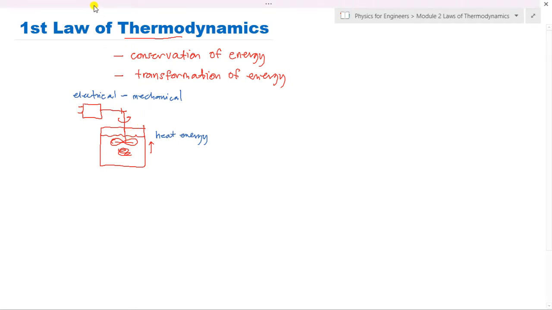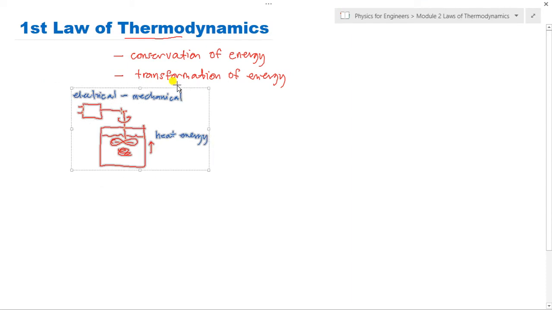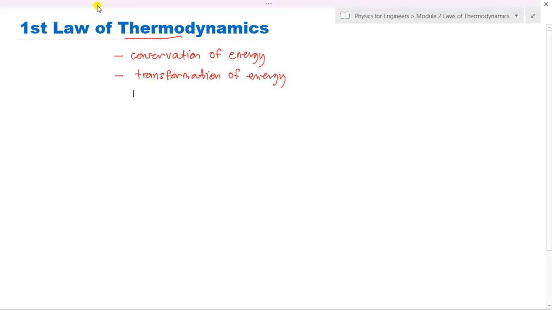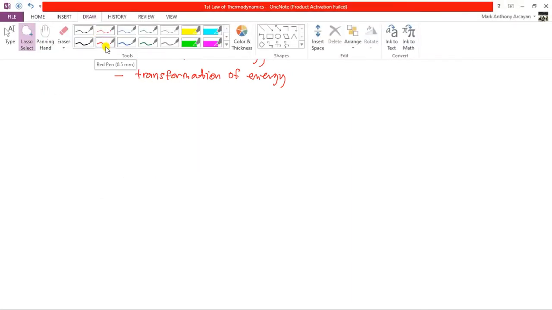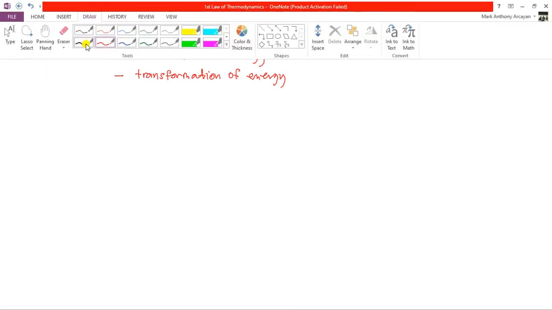And for the first law, for an isolated system or for a certain system, I hope you are familiar with the different types of systems. So can you give me an example of a type of system? Do you know the kinds of systems?